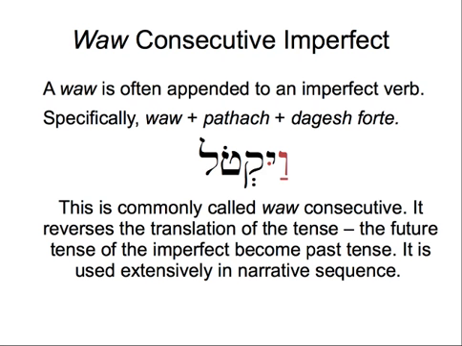The Waw consecutive has the patach underneath, has the dagesh in it, and so that will become past tense. This would be translated "and he killed," past tense. This is something that Logos will differentiate for you, so that should not be a problem once we actually get into looking at the Hebrew text.